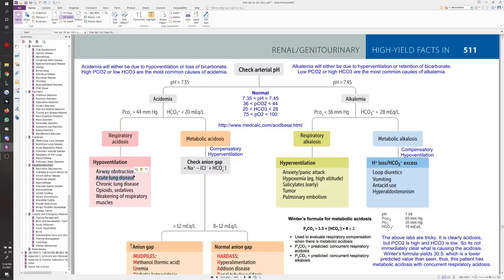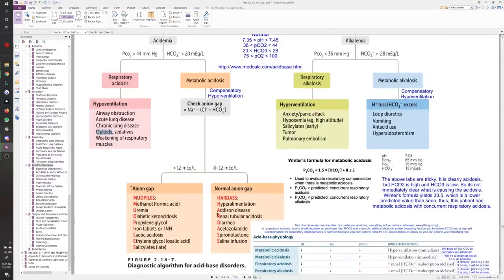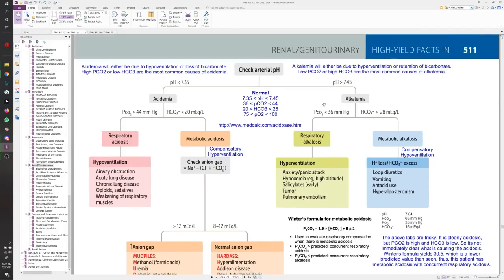You're going to get a question on acute lung disease, right? You're going to get a question on opioid overdose. You're definitely going to get a question on somebody who maybe had alcohol poisoning, right? Methanol, iron tablet poisoning, diabetic ketoacidosis. You're going to get a question with someone with diarrhea, someone who's taking spironolactone. You're going to get a question on all these topics on your step. So you should know all of them and exactly what's going to happen in terms of acid-base derangements, right?